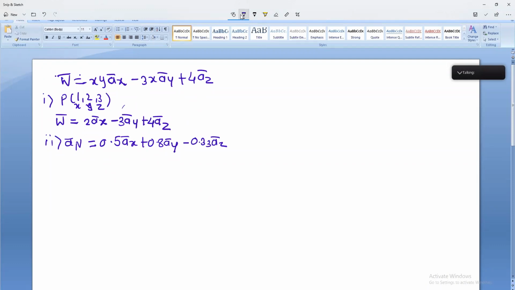Okay. Now what is asked? The component of W bar at P in the direction of the unit vector means W bar dot this a bar n. This is nothing but the scalar projection, or it is also called the length of projection.